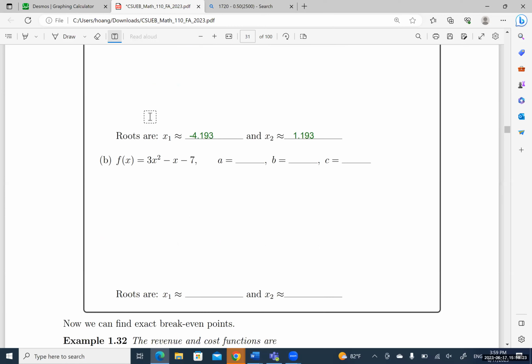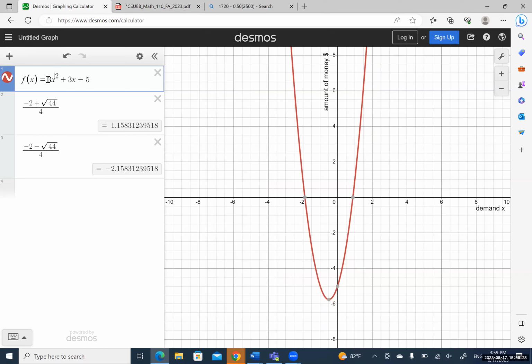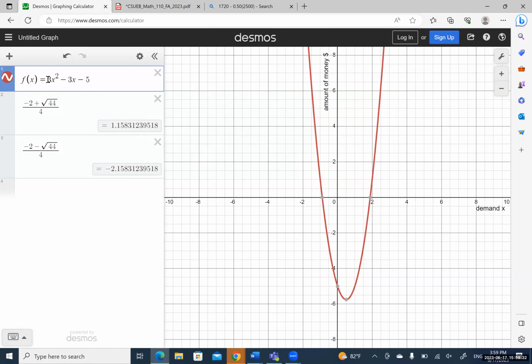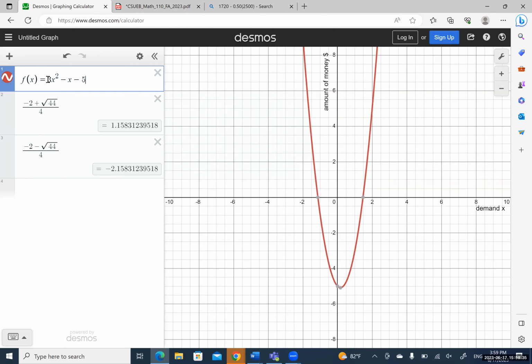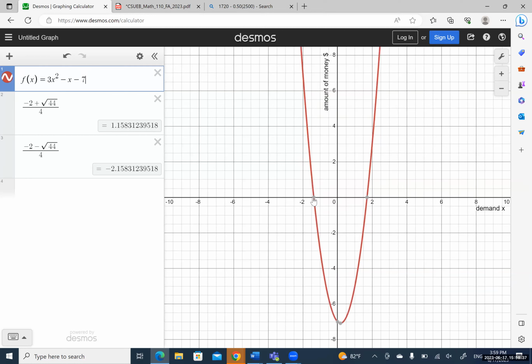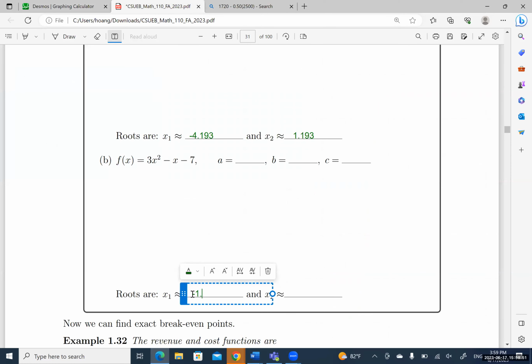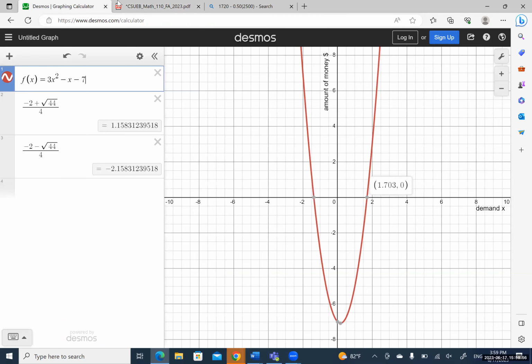And 3x squared minus x minus 7. So you get -1.37 and 1.703.